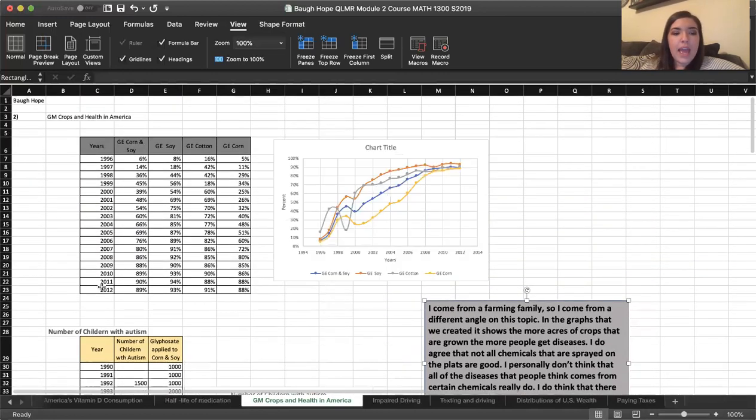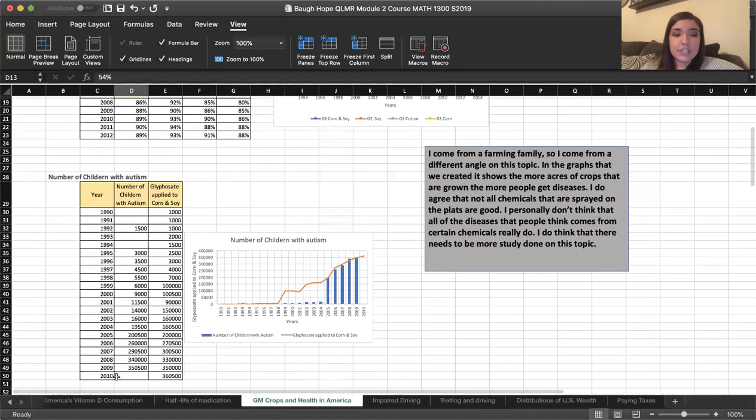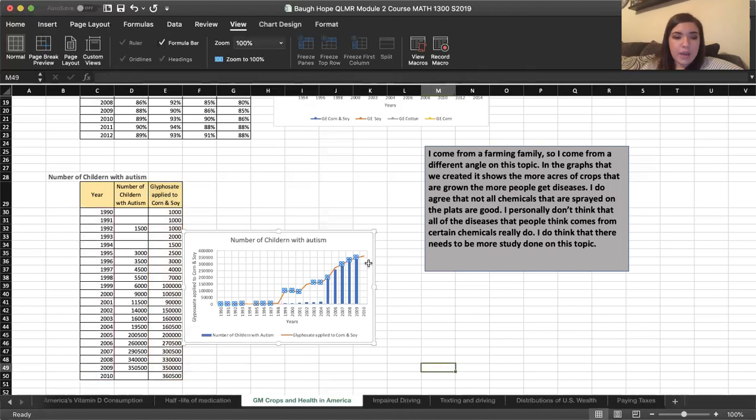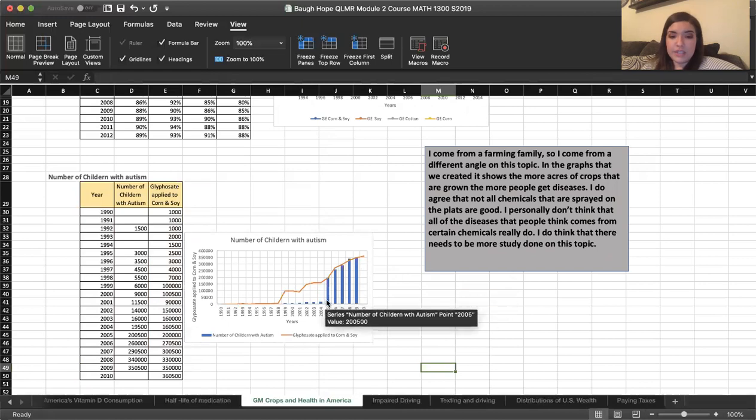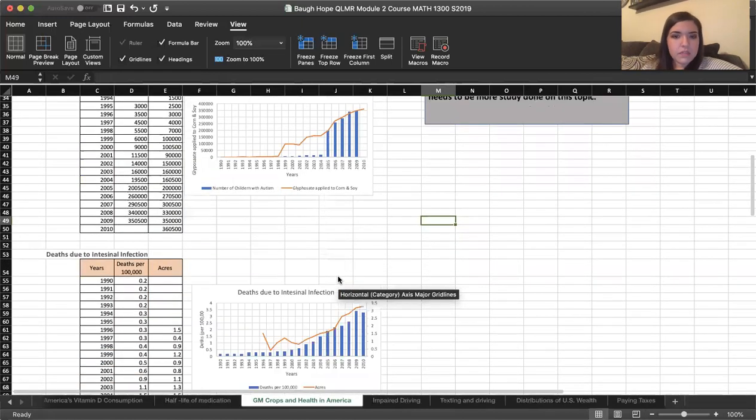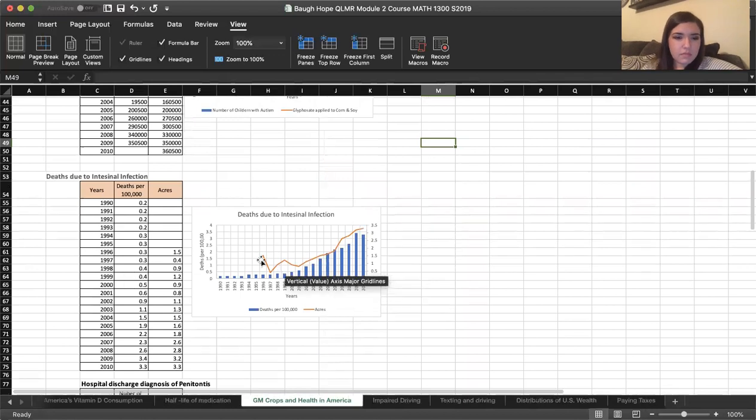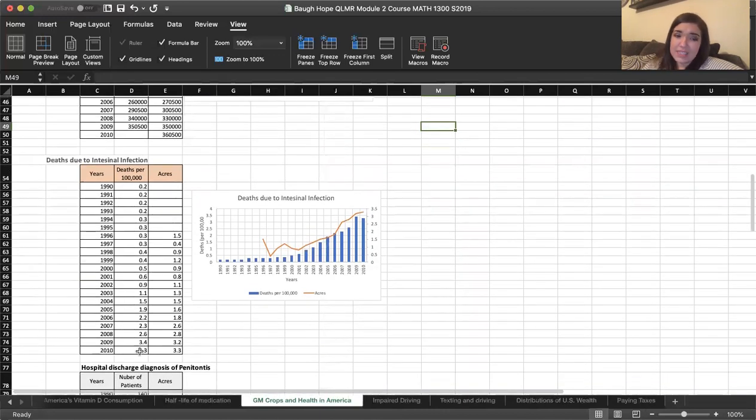This first one has 2012, but for the most part, everything else is 1990 to 2010. The line goes up, and as it shows here, it's really been an increase since 2005. And then these deaths per 100,000, so that's a bunch.